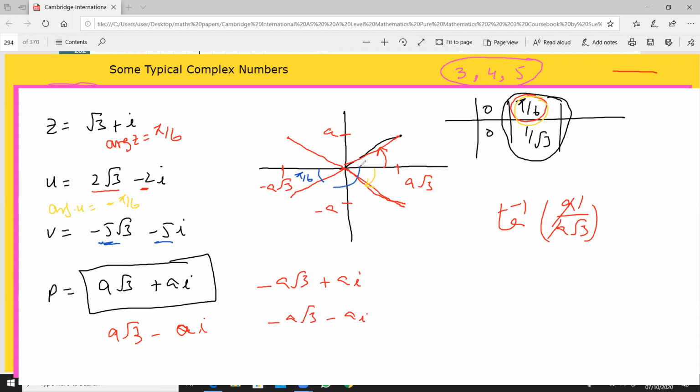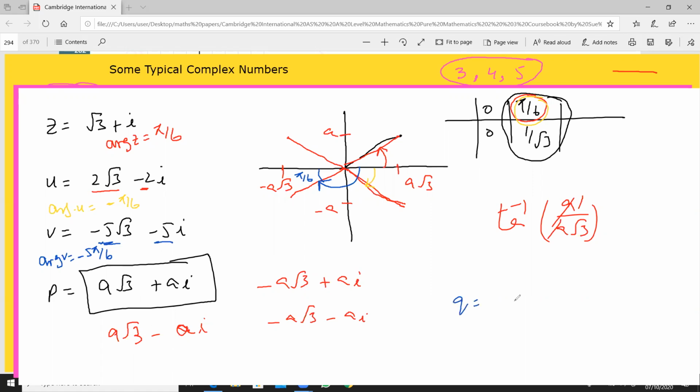So what is going to be this angle? That is minus 5 pi by 6.